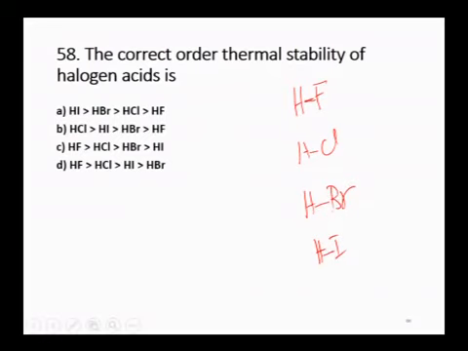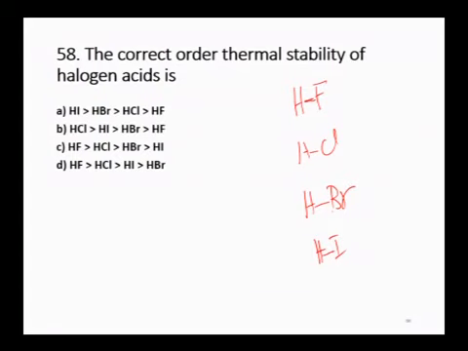Thermal stability, even at high temperature, the bond cannot break. The first option, starting with HI, is a weak bond, so option A is wrong. HCl is also weak in comparison, so that answer is also not suitable. In the third option, HF, HCl, HBr, HI, the order is correct.